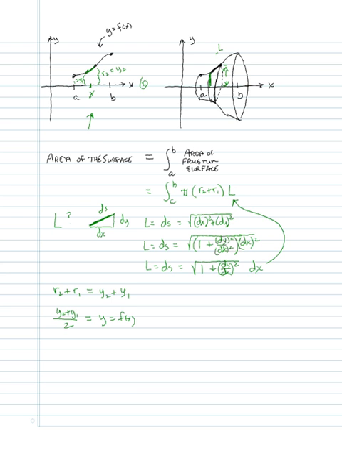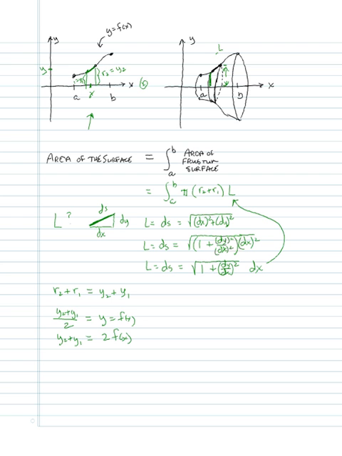So there's the x value, and the y value happens to be the average of those two y values. Well, the importance of that is simply that we could say y sub 2 plus y sub 1 then is 2 times f of x. And f of x comes from being right in the middle of that frustum.